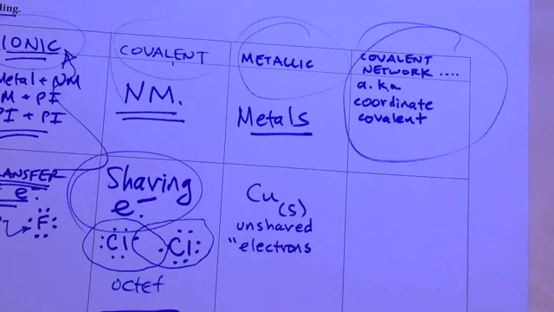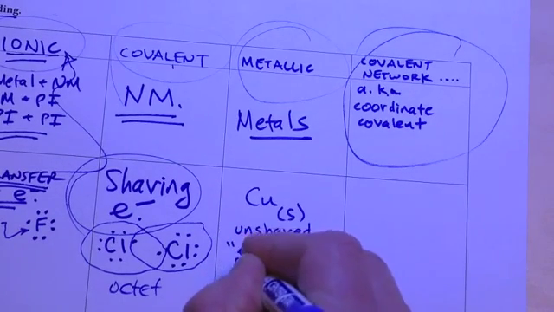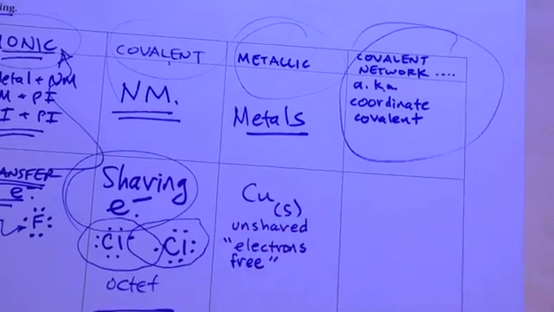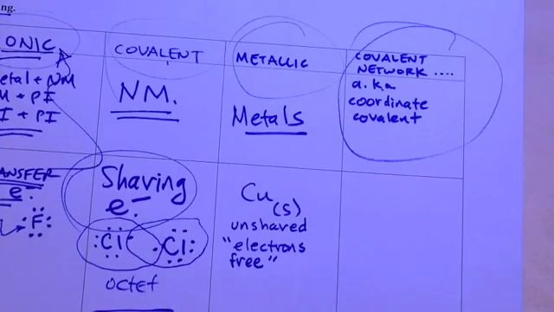These metallic bonds have lots of free electrons, free electrons that are able to float between one another.